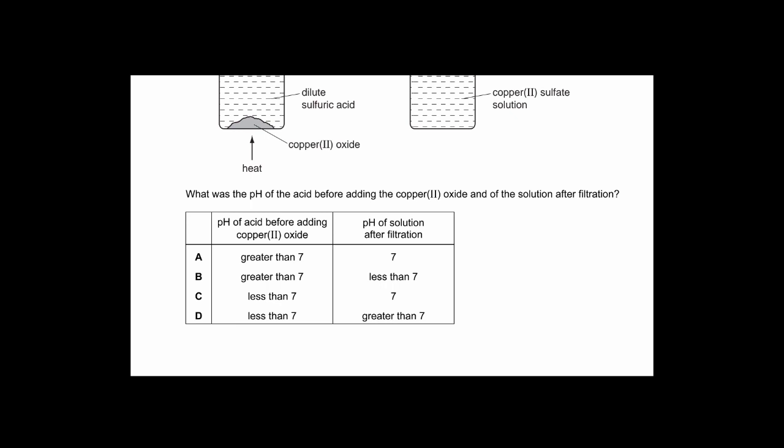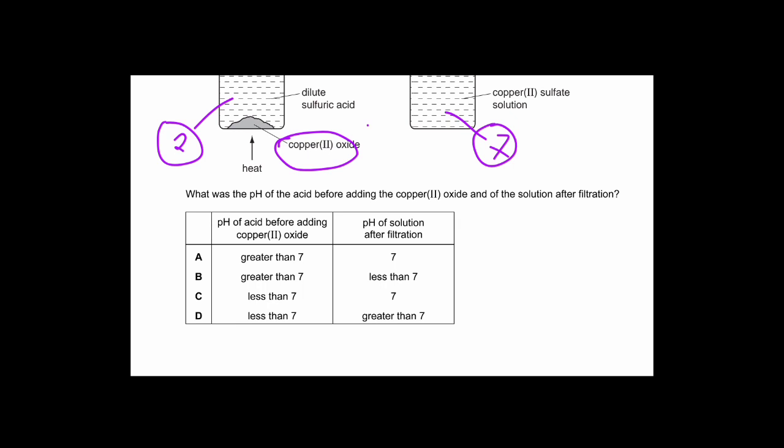So what is the pH of copper 2 sulfate? This copper 2 sulfate is a neutral salt, so it has a pH value of 7. Before copper 2 oxide was added to dilute sulfuric acid, the pH was less than 7 because it is acidic, and it has a pH of about 2.